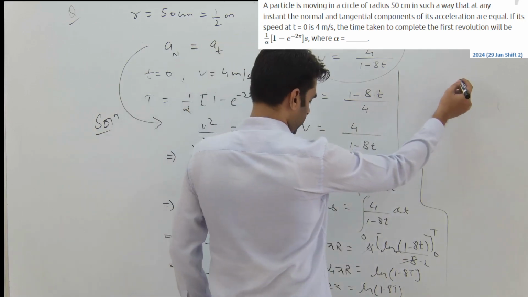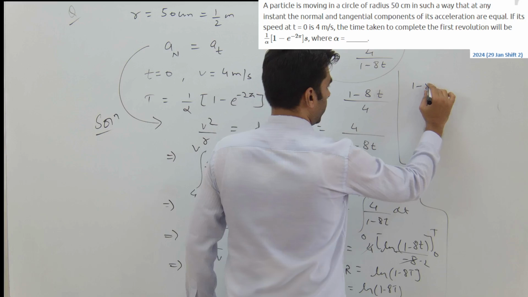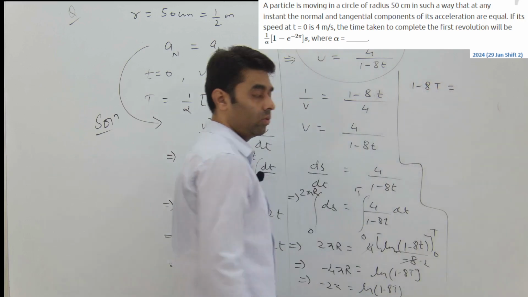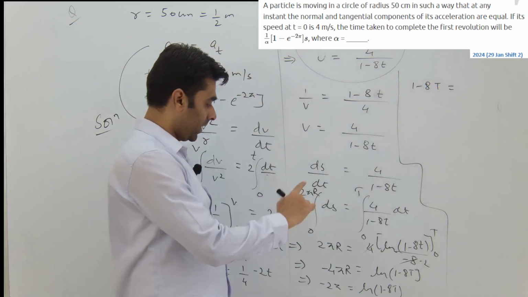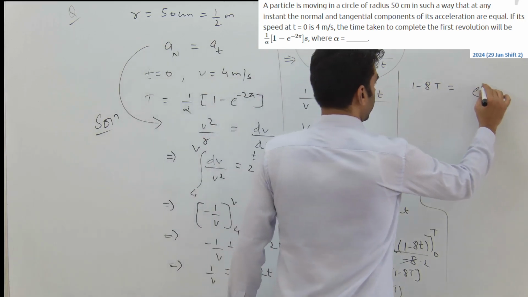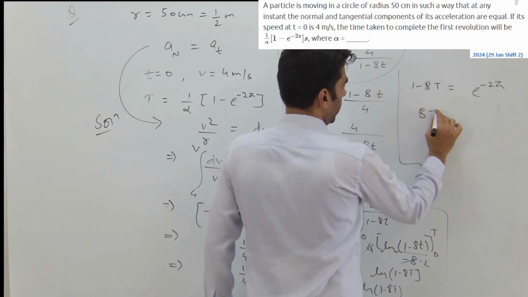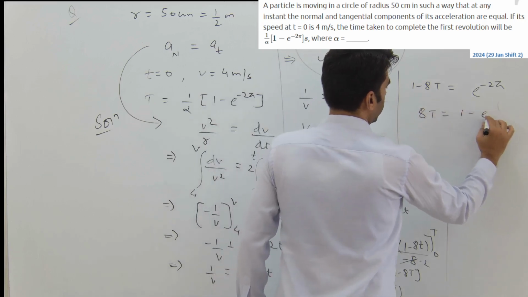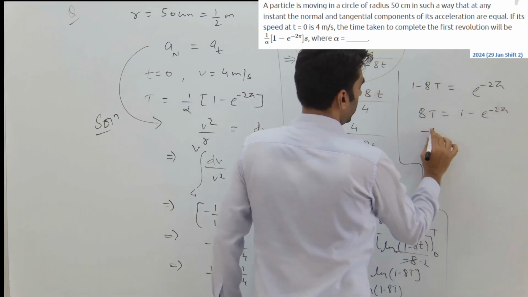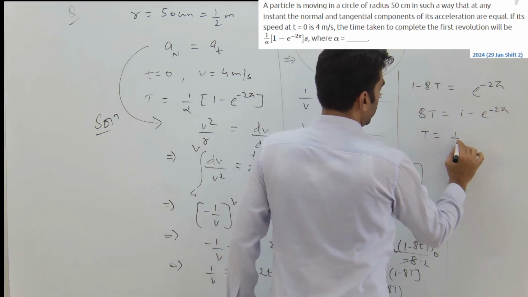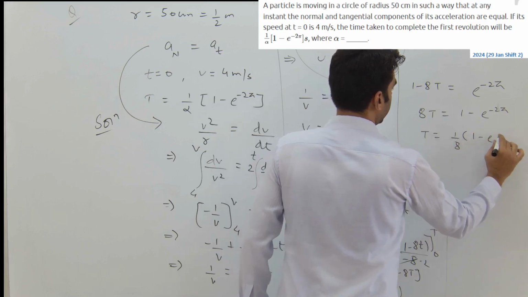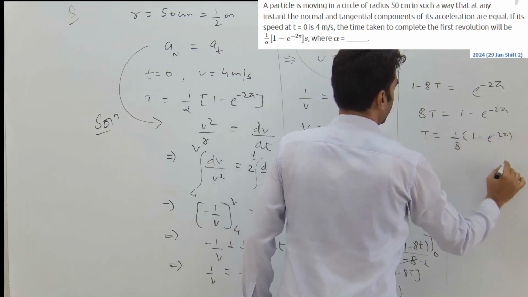Let's simplify this. So 1 minus 8T is equal to e power minus 2 pi, which gives 8T is equal to 1 minus e power minus 2 pi. So T is equal to 1 by 8 times 1 minus e power minus 2 pi.